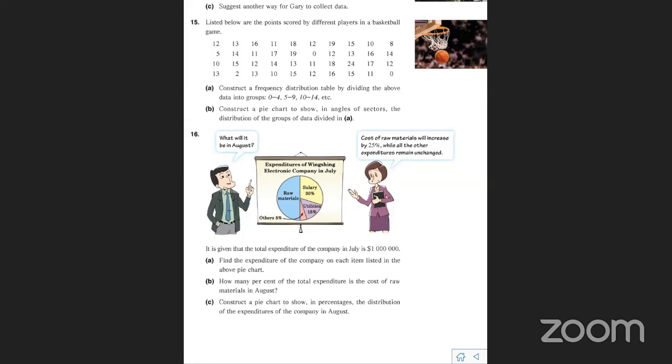Because an electronic company is a company which produces some electronic products, and therefore they need materials to make the products. Those materials are called raw materials. And in this case, the raw material will increase by 25%, while the others, the salary, the utilities, or the other expenditures, remained unchanged. UN means not here.